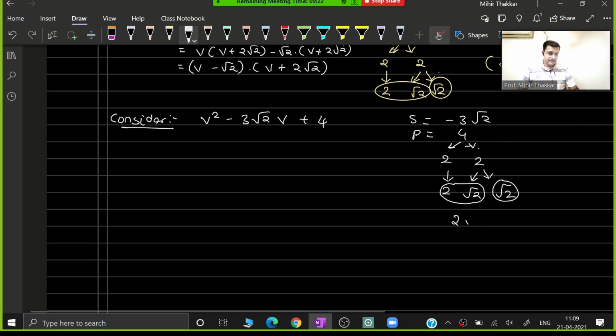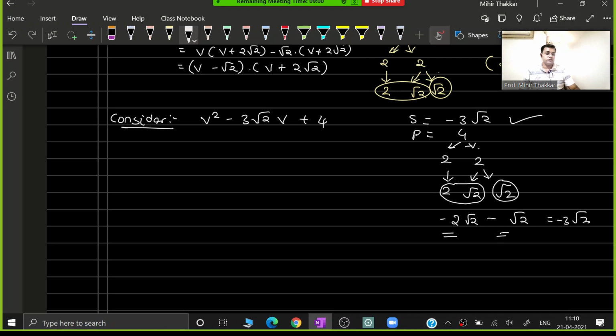So if I take 2 root 2 plus root 2, the sum will be satisfied, which is 3 root 2. But the sign does not get satisfied, which requires a negative 3 root 2. So in that case, if I apply a minus sign to both of them, definitely the sum will become negative, and the product of negative into negative will become a positive 4. So yes, the sum and the product both have been satisfied if I consider both the factors as negative numbers.